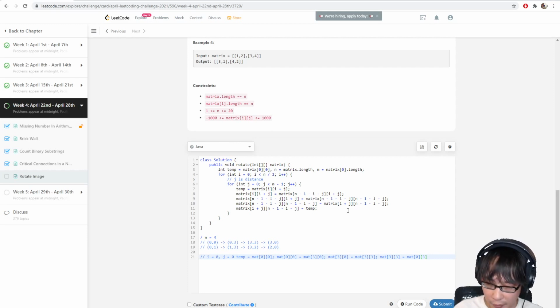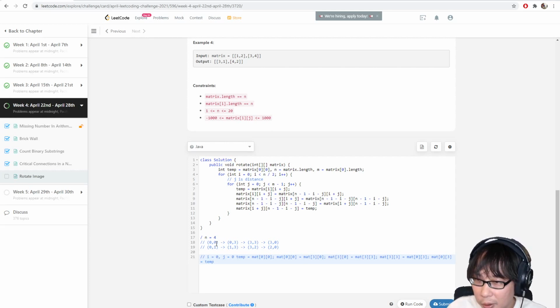Finally, we have matrix[0][3] equals temp. Is that right? So our 0,0 moved to 0,3, right?